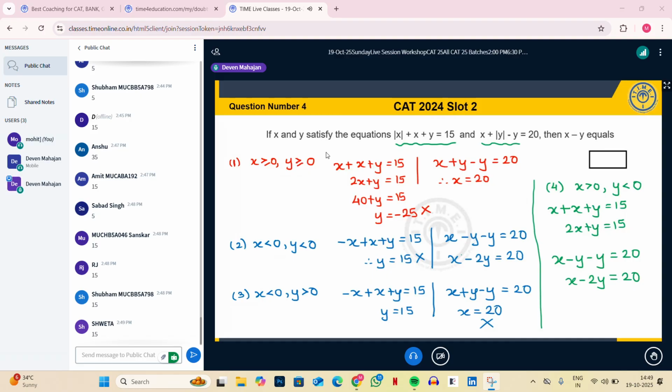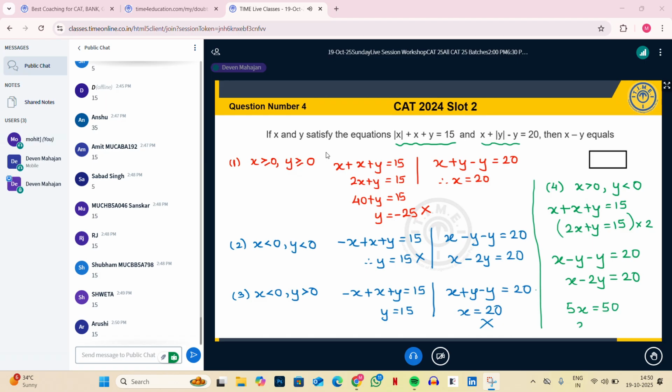तो इनको अगर सॉल्व करोगे, if you multiply this first equation by 2 and add that to the second equation, इसको into 2 करके ये second equation में add करोगे, you'll get 4x plus x, that is 5x is equal to 50. So x आ जाएगा 10. Once you know x is 10, then from there you can find y value is minus 5.